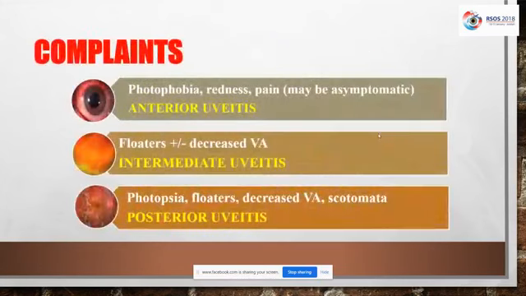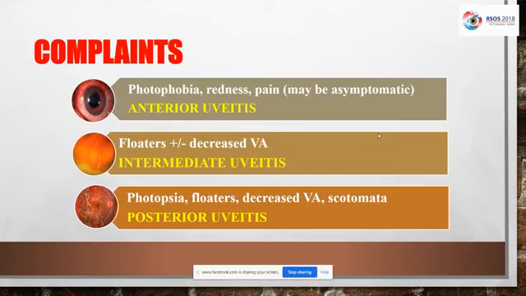So the history of uveitis itself. That was the main part of taking the general information about the patient, but the history of uveitis itself is very important as well. So starting from the complaint of the patient, the patient complaint can be a very important guide for you to diagnose the type of uveitis or the location of the inflammation in the eye.